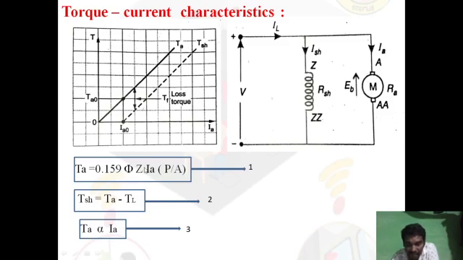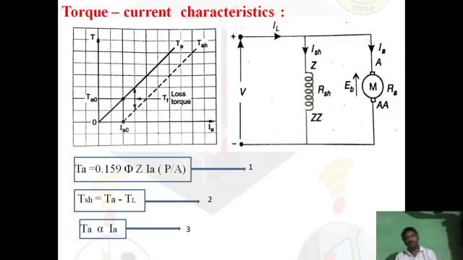And Ia is the current drawn by the armature conductors. P is the number of poles, and A is the number of parallel paths, which is related to the type of winding with which the armature conductors are connected. One is lap winding and the other is wave winding.